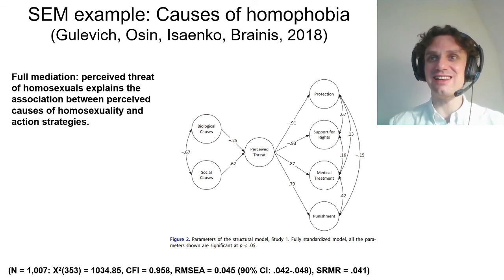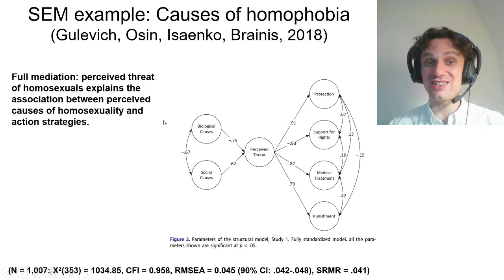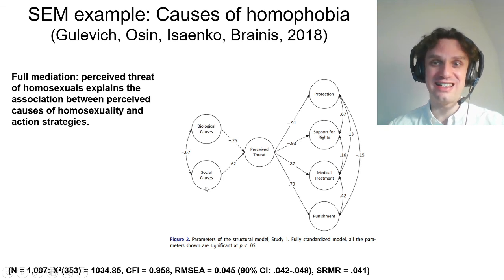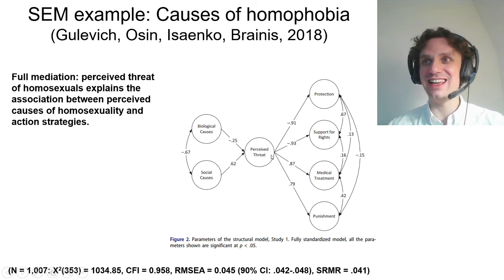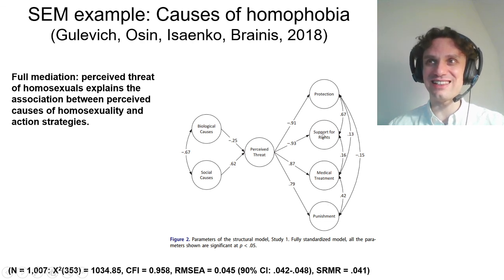So here, this example comes also from the same paper with Olga Gulevich, where we modeled different components of prejudice towards homosexual people. And here we see that perceived threat of homosexual people is higher in those who believe that homosexuality is contagious, and it also predicts the tendency not to protect and support them, but to treat them medically and to punish them, to put them into jail.